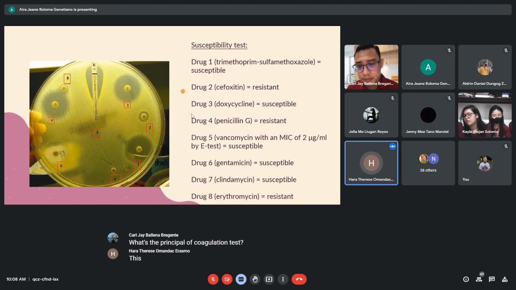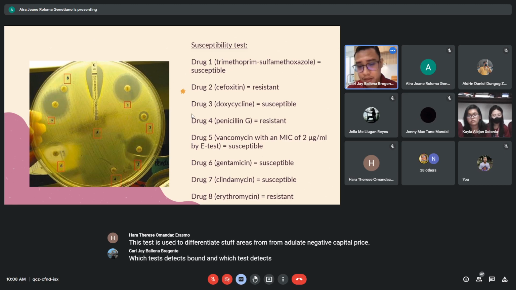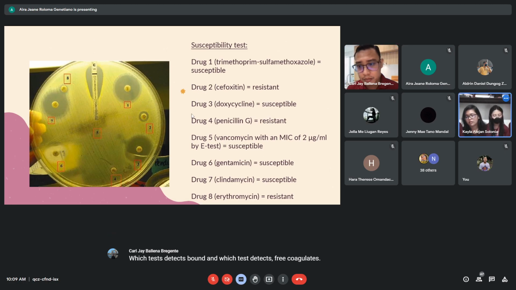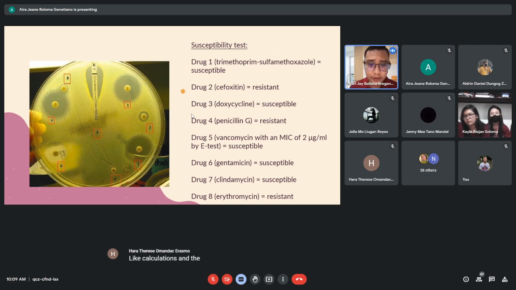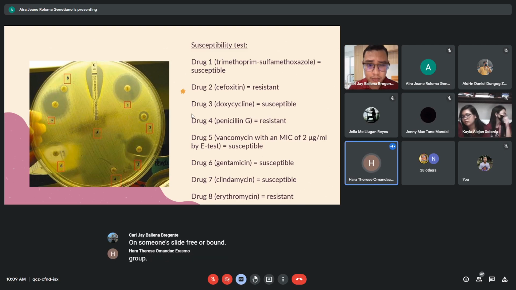This test is used to differentiate Staph aureus from coagulase-negative staphylococci. Which test detects bound and which test detects free coagulase? Slide coagulase test and the tube test, sir. Which one is the slide, free or bound? Bound, sir, slide test. And for free, it's the tube test.